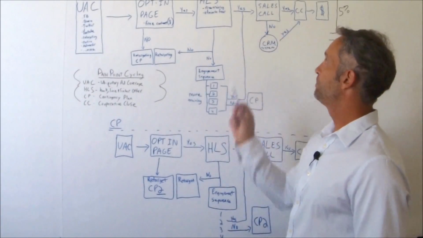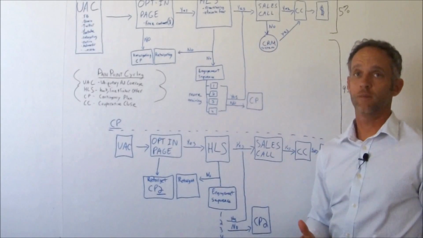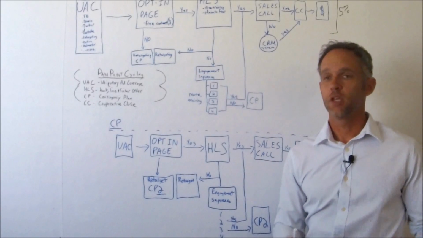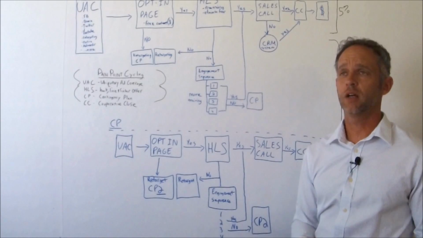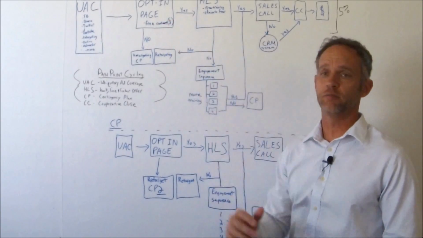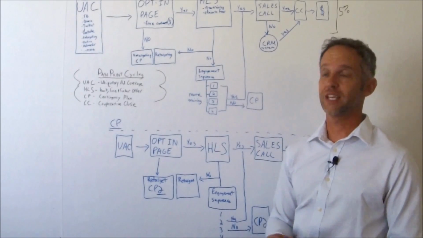So if they opt into that, the next step would be to get them on a sales call. And again, the sales call, like I mentioned in the Cold to Sold program, you should be selling close to about 50%. It's okay, usually about 25%, but 50%, if you've mastered the art of bringing in your ideal client, you should be able to close 1 out of every 2 sales calls.